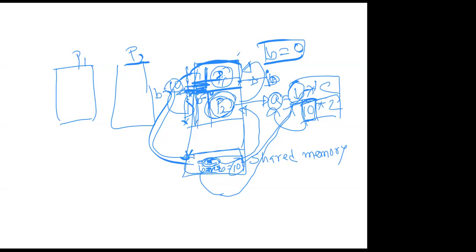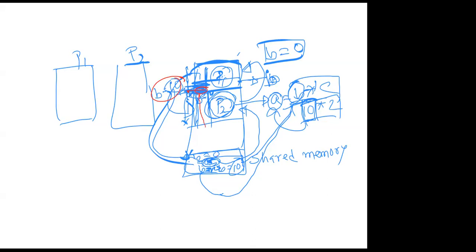What value will B get here? Because line number 3 was not executed by process P1 before it was preempted, the B value cannot change. B value cannot be set to 10. B value is still 0.